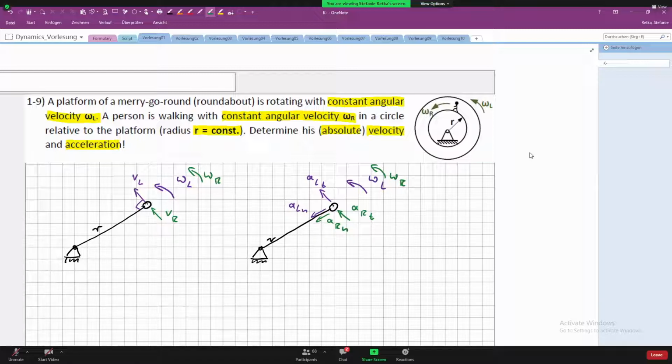Your thumb corresponds to the axis of rotation of the leading velocity. Just a second. Right-hand rule. Thumb corresponds to omega L, axis of rotation.